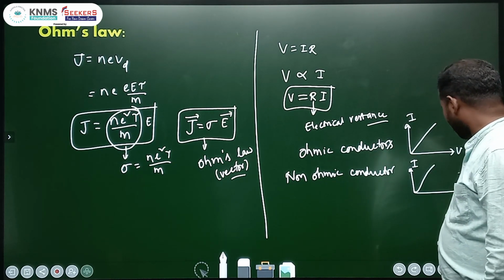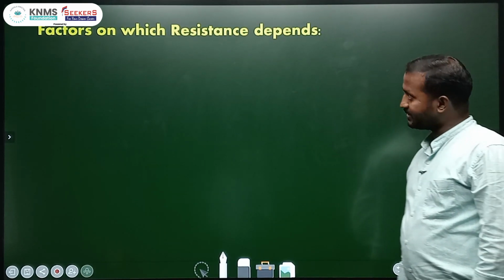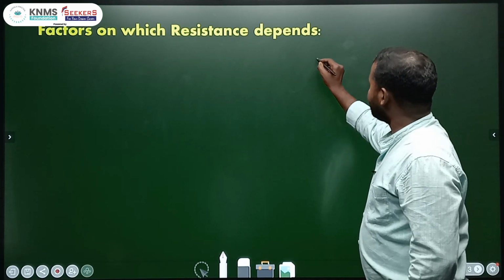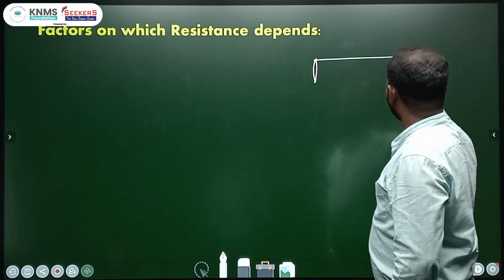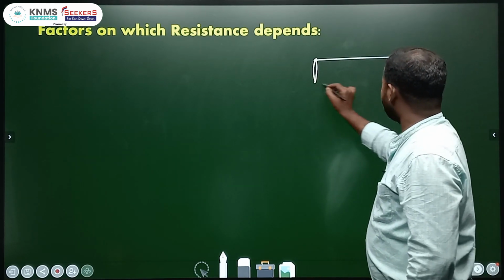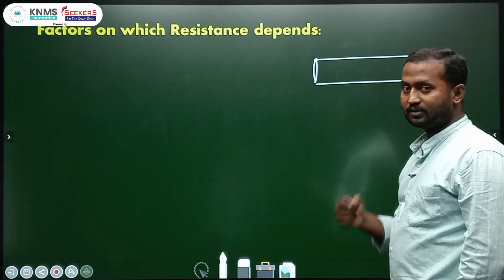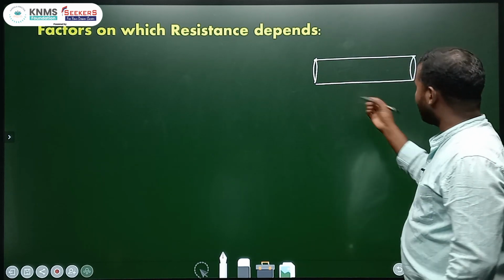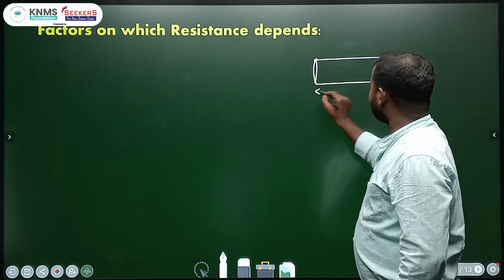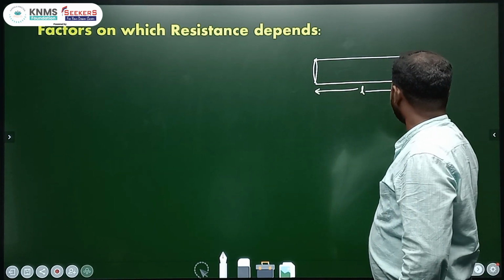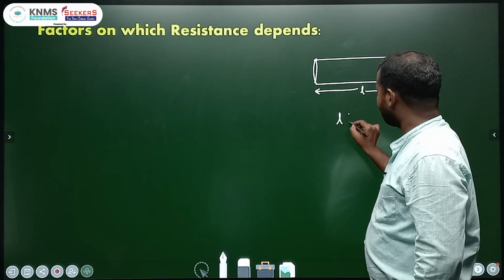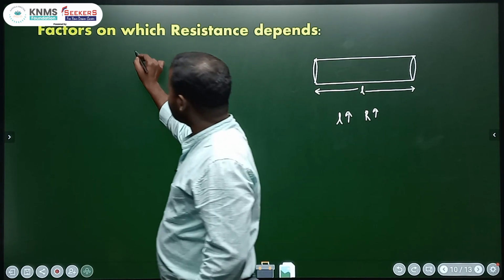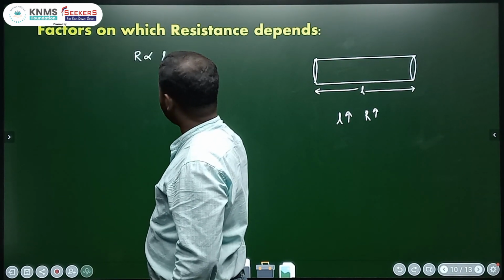Now let us discuss the factors on which the resistance depends. Resistance is the opposition offered to the charge carriers inside a conductor. If the length of a conductor is L, the more the length, the more the resistance. That means resistance is directly proportional to length.